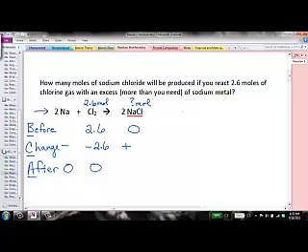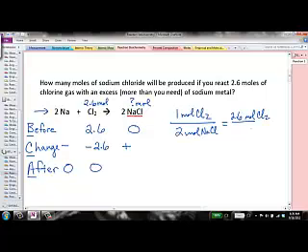So the balanced equation gives me the ratio that 1 mole of chlorine will give me 2 moles of sodium chloride. I don't have 1 mole, I have 2.6 moles is my change in the chlorine, and then I'm solving for the moles of NaCl.